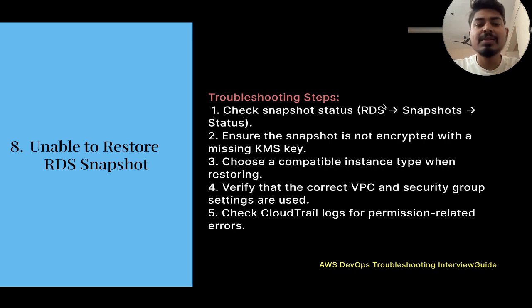Make sure you have access to the key, otherwise at the time of restoration it will create a problem. Third, choose a compatible instance type when you are restoring your database. Fourth one, verify that the correct VPC security group settings are used. And last one, check the CloudTrail logs for permission related errors. If you are facing any permission related error, check the CloudTrail logs.